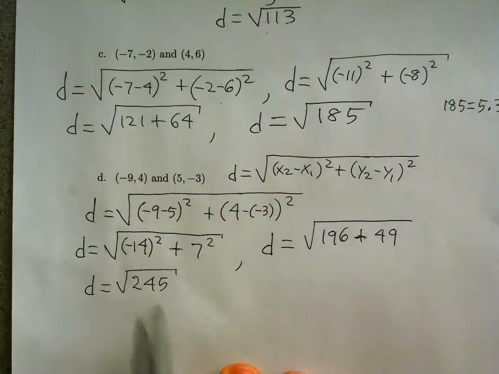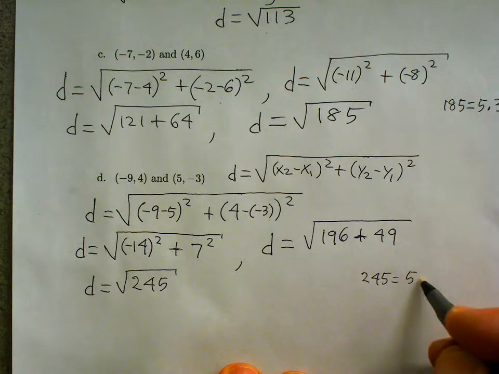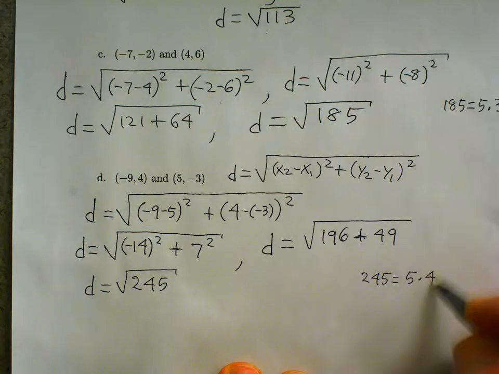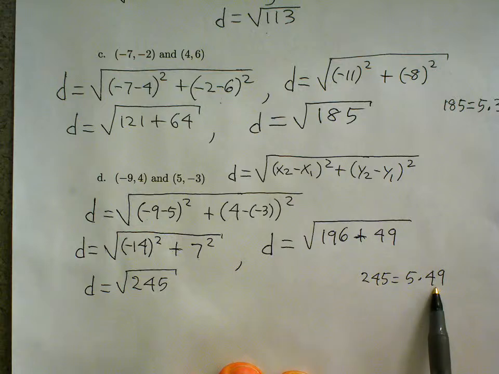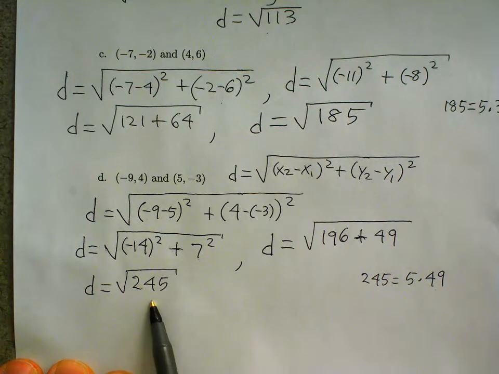So let's see. 245 is equal to 5 times 49. And 49 is a perfect square. So that means the square root of 245 can be simplified.